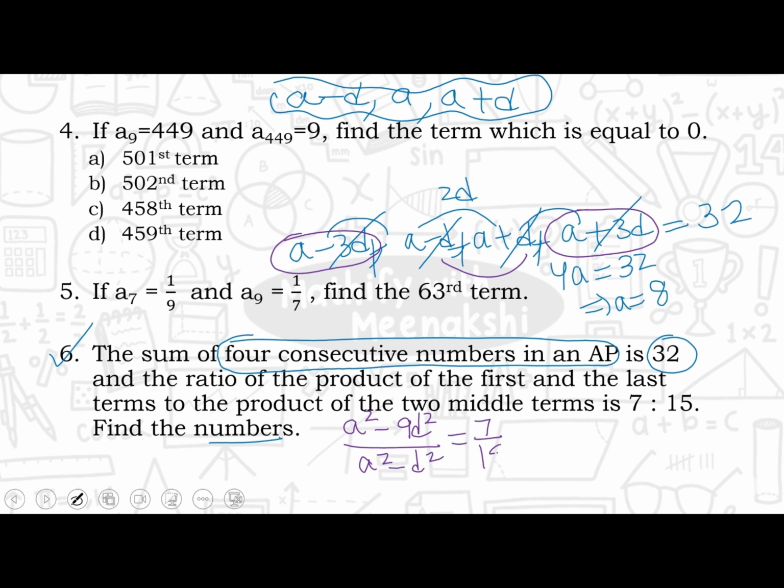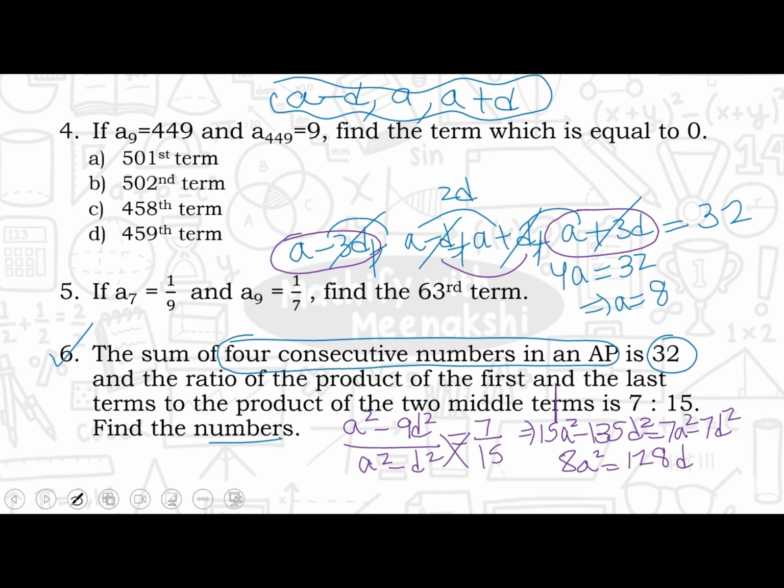Just do cross multiplication here. You can say 15a square minus 135d square is equal to 7a square minus 7d square. Now just move a to one side. 15 minus 7, it becomes 8a square. And when you move minus 7d square to that side, it becomes minus 7 plus 135, so 128d square.